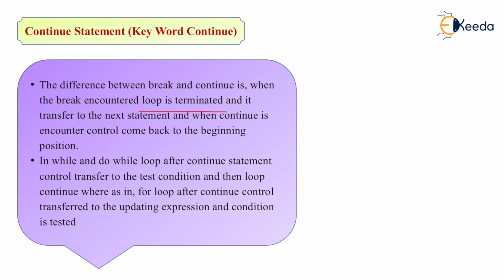In while and do while loops, after the continue statement, control transfers to the test condition and then the loop continues, whereas in the for loop, after continue, control transfers to the updating expression and then the condition is tested.